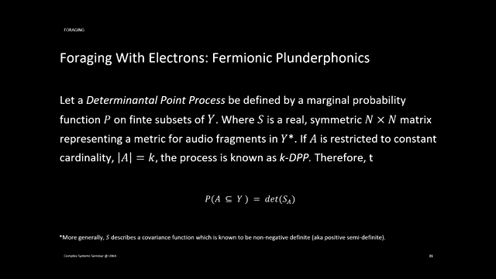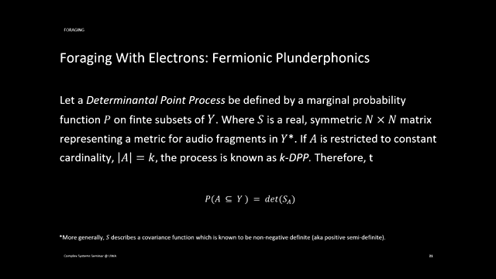So the way that the DPP is defined is we can define a marginal probability on some finite subsets of Y. So think about Y as all my audio fragments, and then we have subsets of those audio fragments, which will be presented to the user as, hey, choose from these fragments, and those fragments will have the property of repulsion, so that means that they will be different between each other.